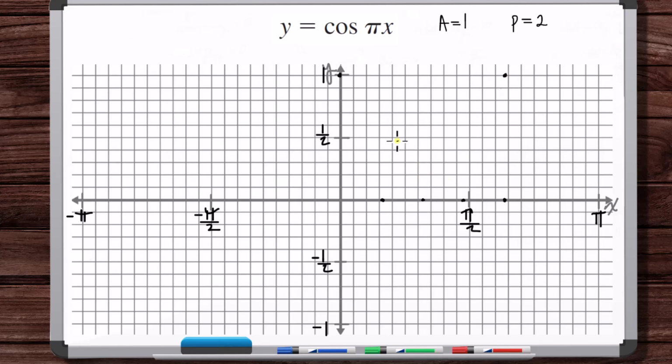Okay, now midway through, this is kind of confusing with this dot here because this is not going to be on the graph. So here's midway. We're going to be at minus 1. Okay, and then these are the x-intercepts. Like that.